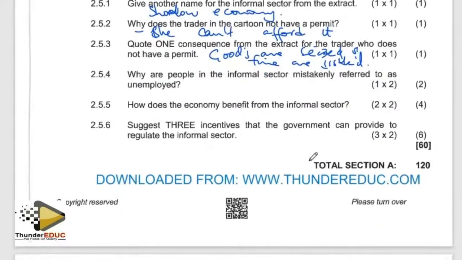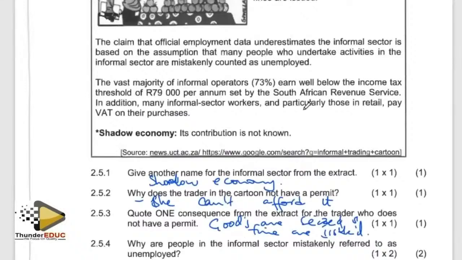Okay, why are people in the informal sector mistakenly referred to as unemployed? The claim is that official employment data underestimates the informal sector, based on the assumption that many people who undertake this activity in the informal sector are mistakenly counted as unemployed.